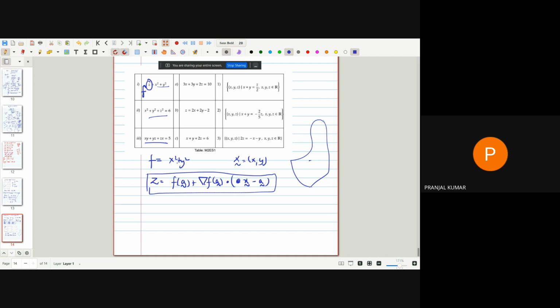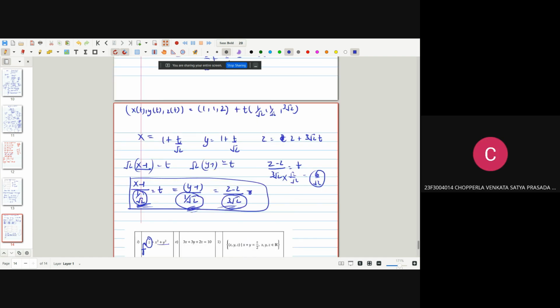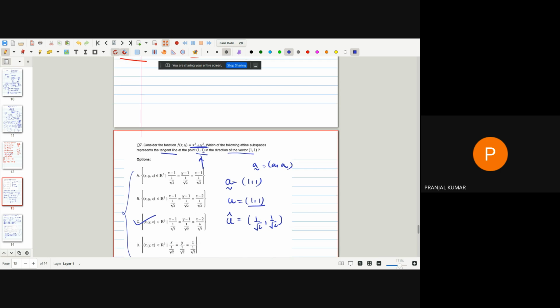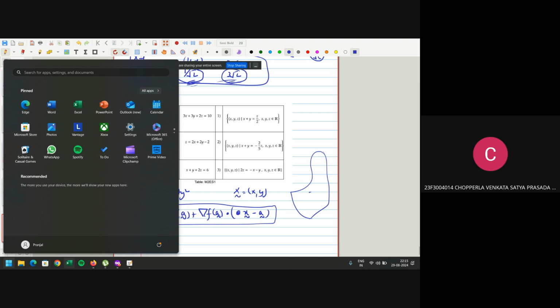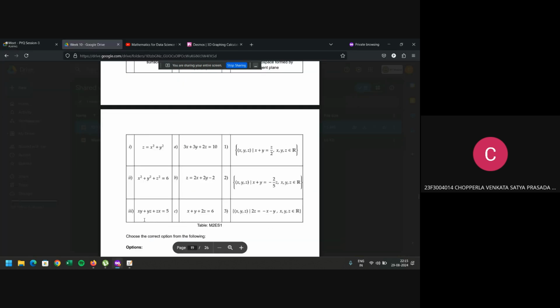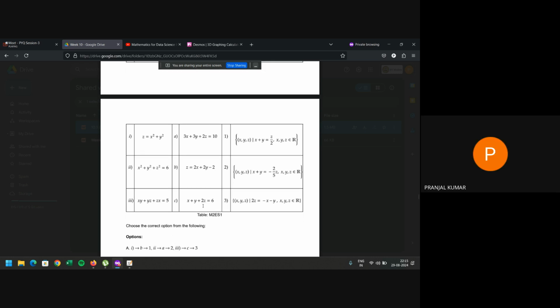The point in question was (1, 1, 2). Can we also use the gradient vector as a unit vector? No, why unit vector?